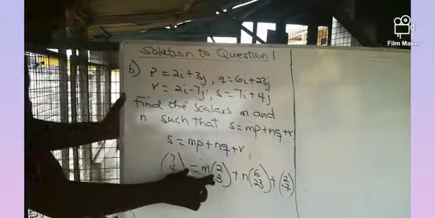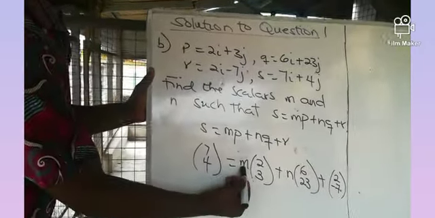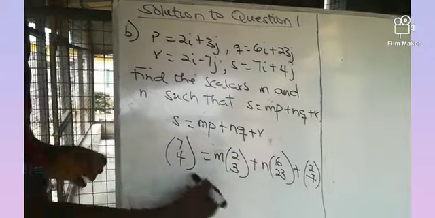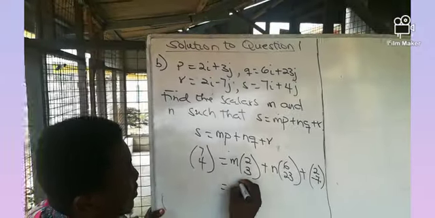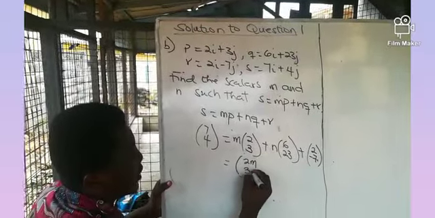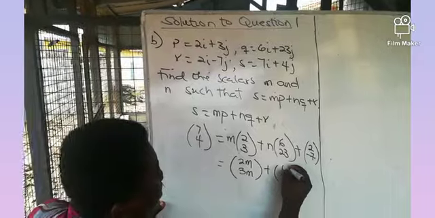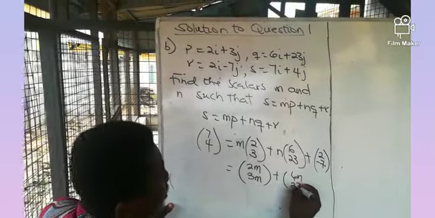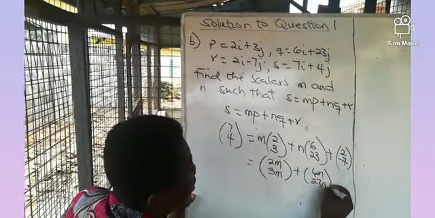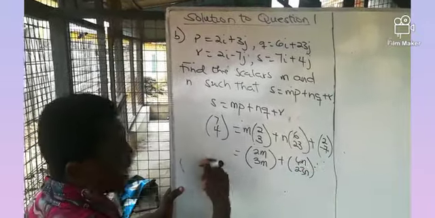Whenever you have a scalar multiplying a vector, you have to take note that the scalar will multiply both top and down. So we will end up getting 2m, 3m plus 6n, 23n, and plus R.